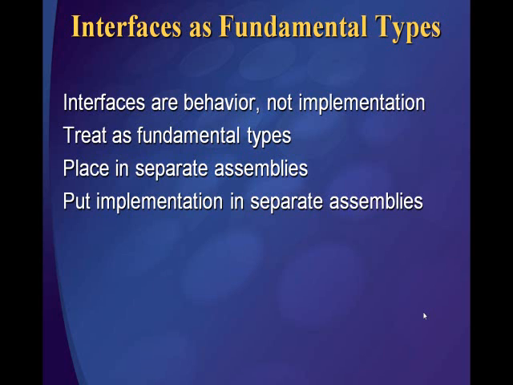At the same time, the implementation that goes behind these interfaces naturally falls into separate assemblies themselves. So the first thing to look for is how the interfaces as fundamental types cause a natural partitioning of your application.